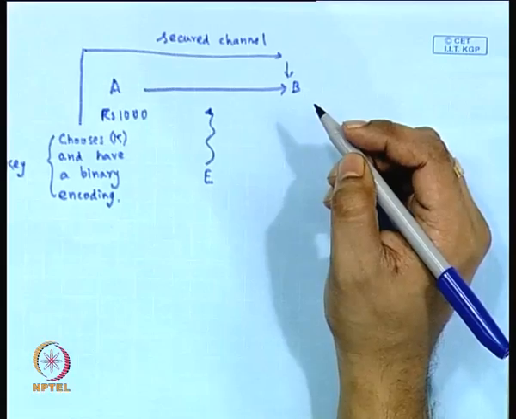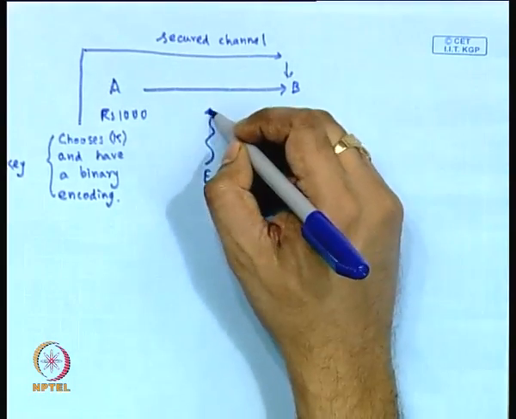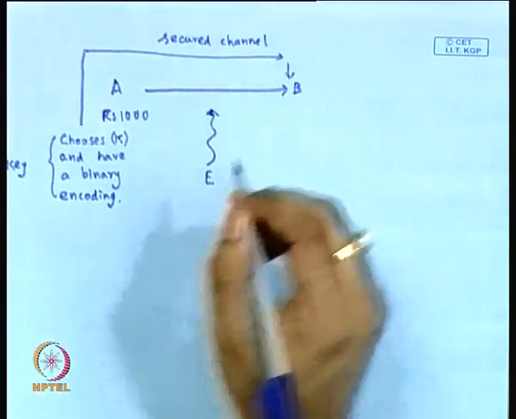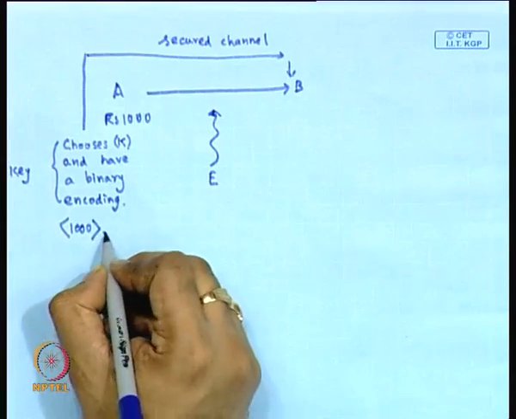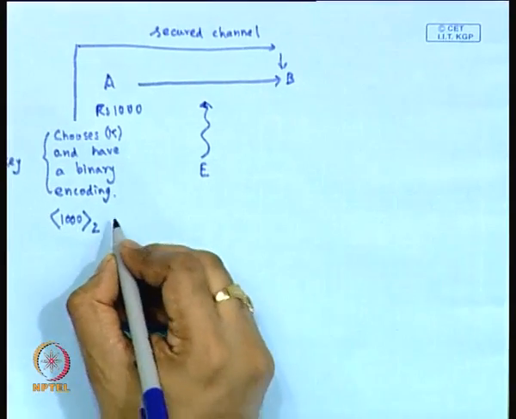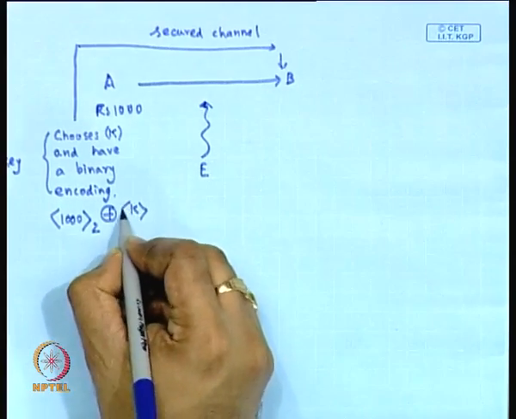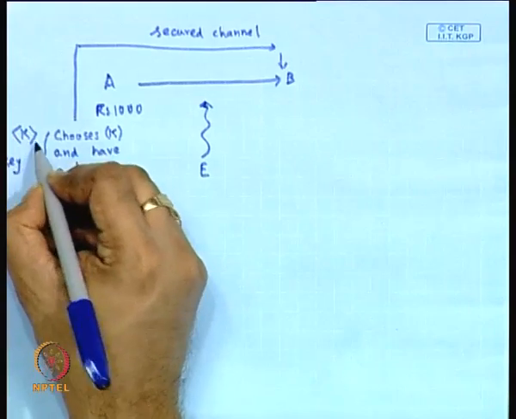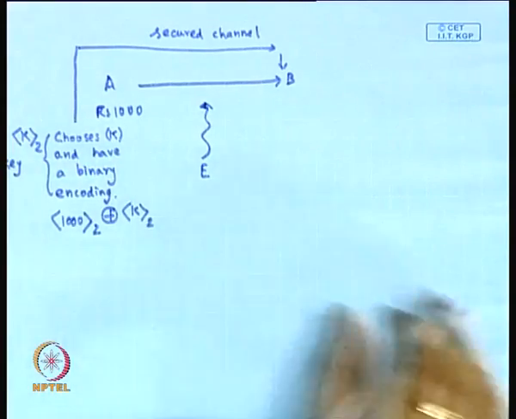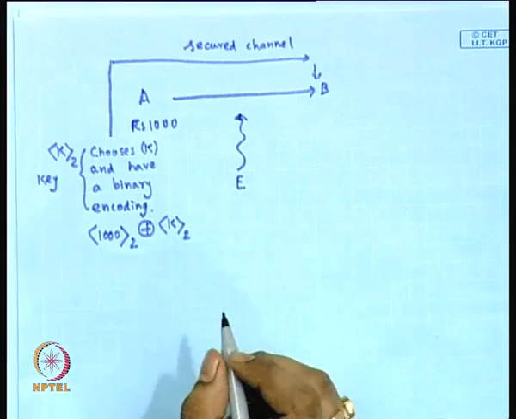When the transaction starts, Alice communicates this piece of information to Bob. Now Alice takes the number 1000, also encoded in a binary format, and XORs it with the binary encoding of the key.